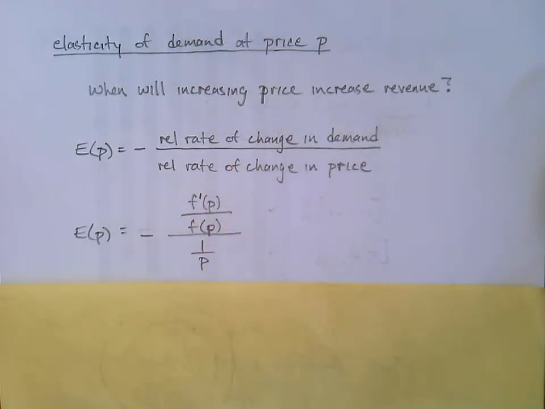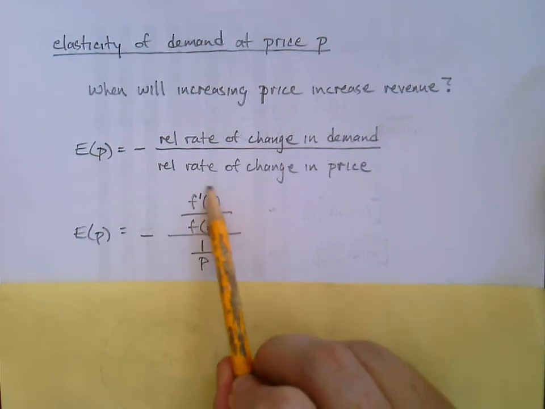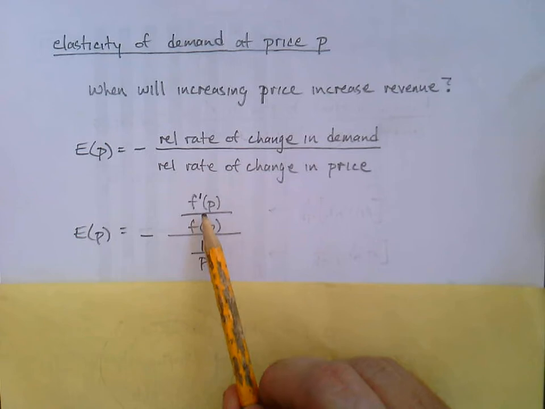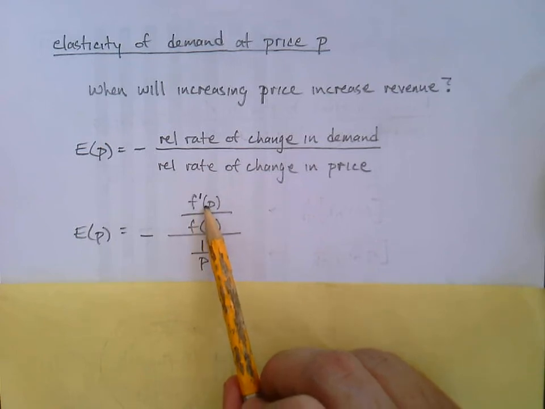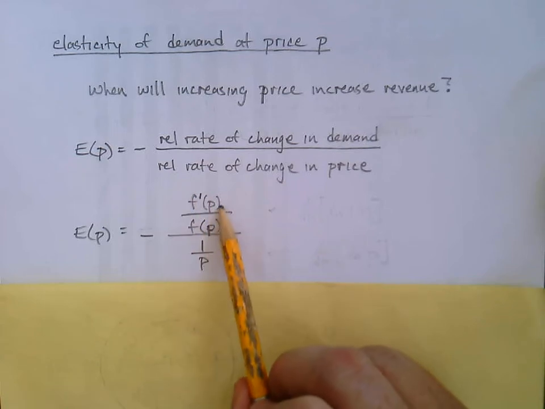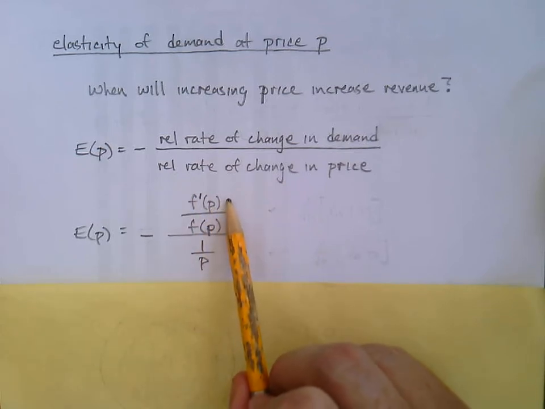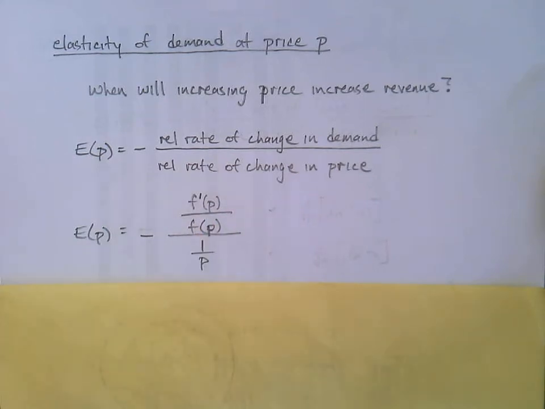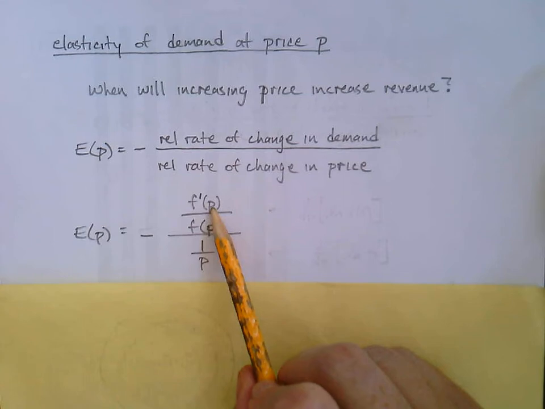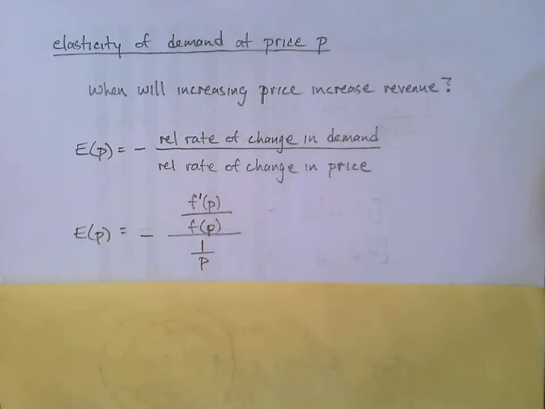Why would this whole thing be negative? Maybe you're asking that, maybe you're not. So it turns out it's this derivative here, the rate of change of the demand at a particular price. If the price goes up, demand is always going to go down. If you raise your price, the demand always goes down.